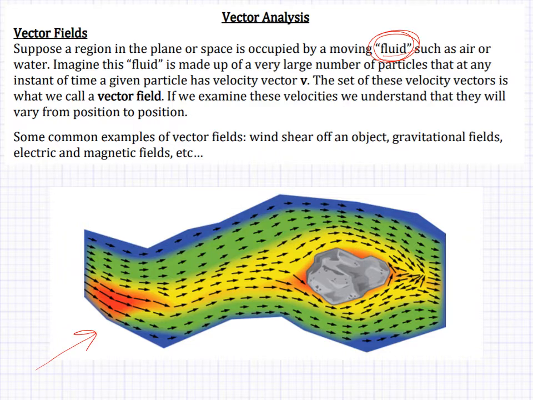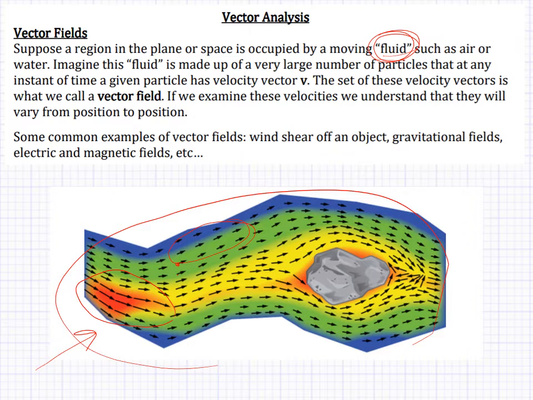Each particle of water has a little vector associated with it, and you see a collection of a whole bunch of these put together here. The bigger the vector, the faster the particle of water is moving. The smaller the magnitude of the vector, the slower the water is moving.